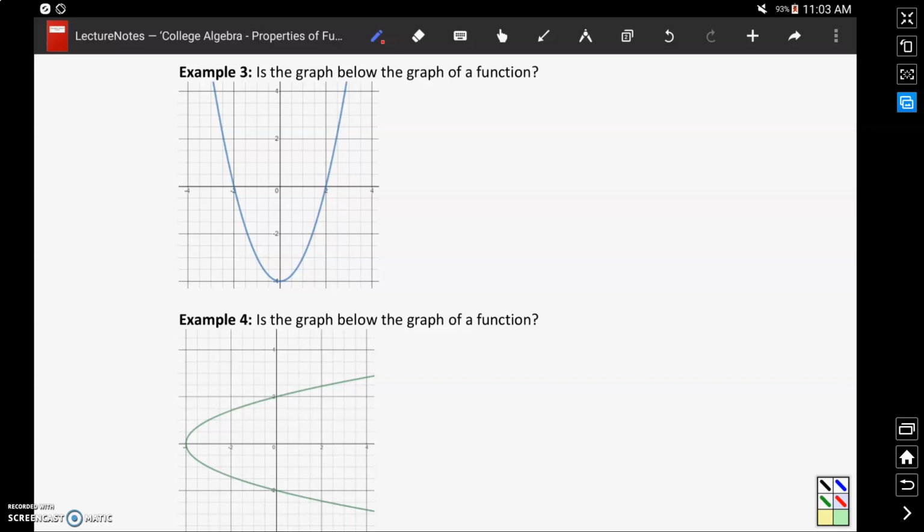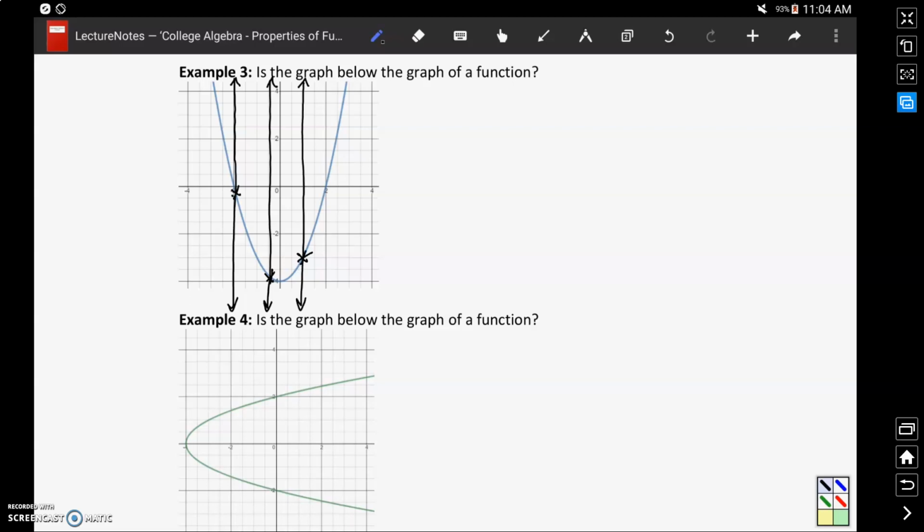We can take this same idea and consider it while looking at the graphs of functions. In example 3, we want to investigate if this graph is the graph of a function. One way to investigate that is to apply what we refer to as the vertical line test, which is simply a process of drawing vertical lines over and over again through our graph and making sure that anywhere we would draw that vertical line, we would only intersect our graph in one place.